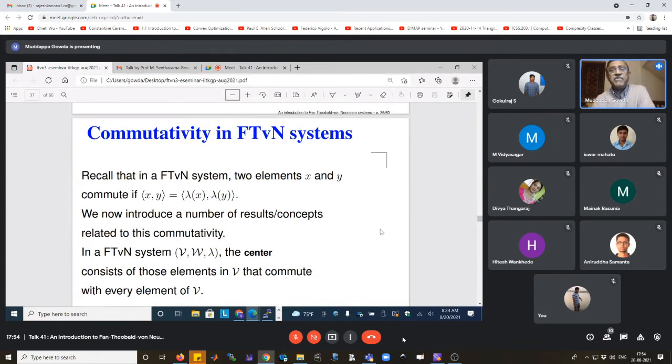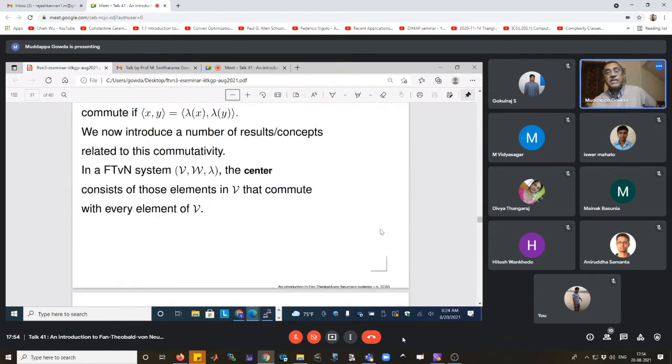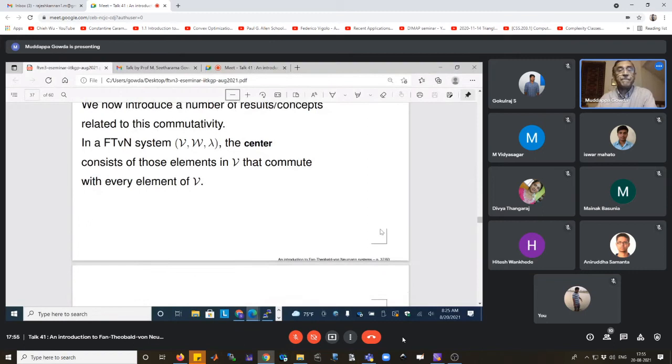Recall that in a FTVN system, two elements x and y commute if x dot y is the same as lambda x dot lambda y. Now we introduce a number of results and concepts related to this commutativity. In a FTVN system, the center consists of those elements in V that commute with every element of V. This is the concept of center that comes from ring theory or algebras.